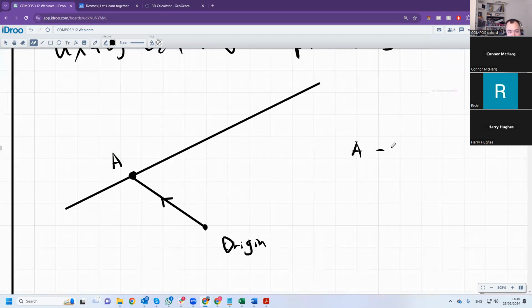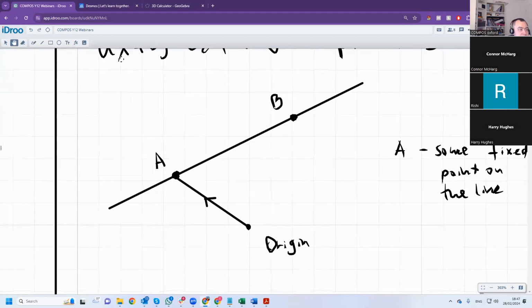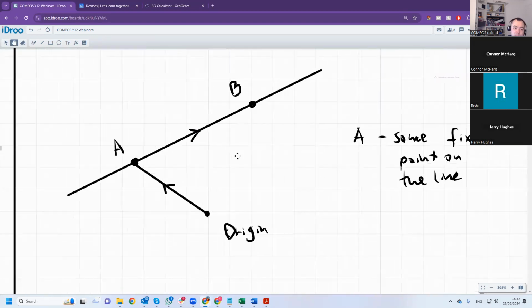A is some fixed point on the line. Point B is another point on the line.